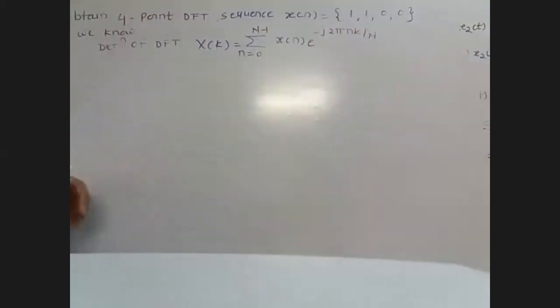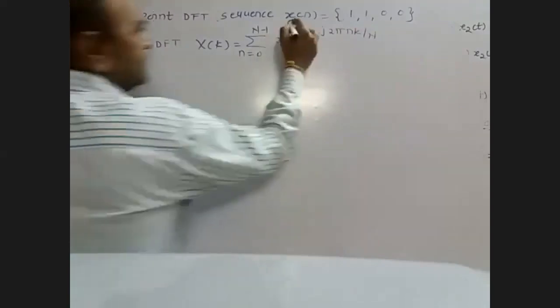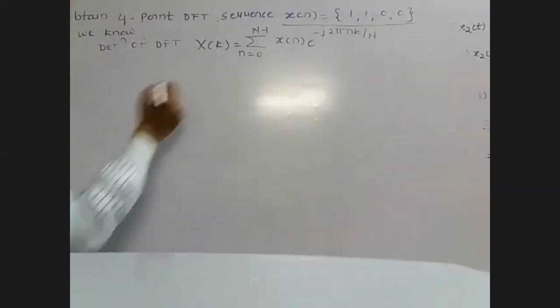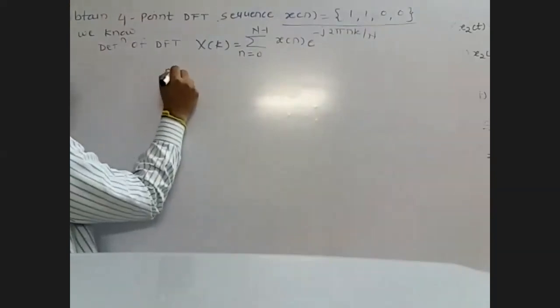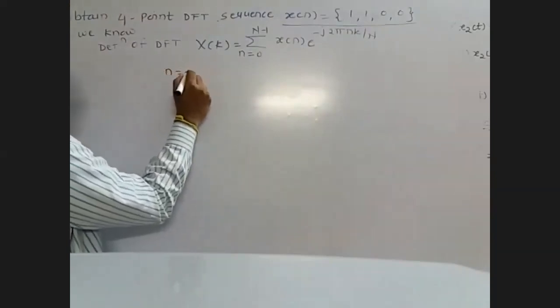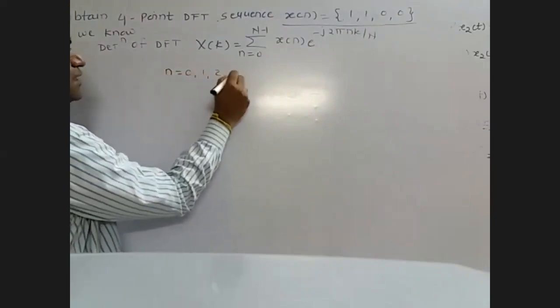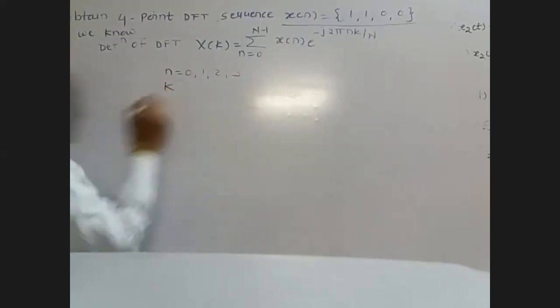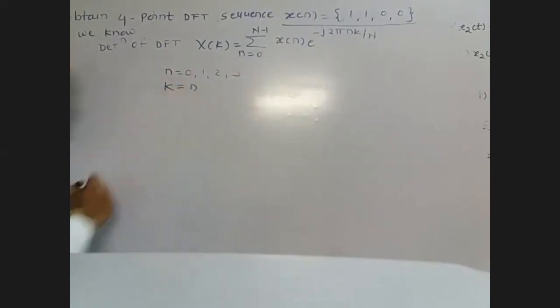Now here x of n is already given to you, so we have to put this x of n. Now the n value is varying from 0, 1, 2, and 3. In the same fashion, the value of k is also varying.